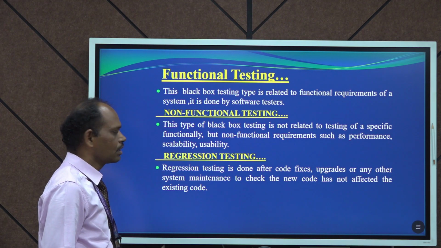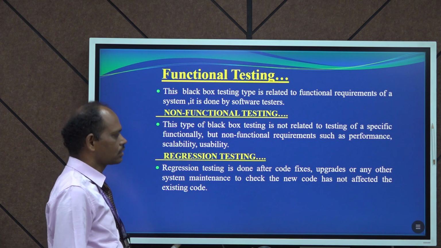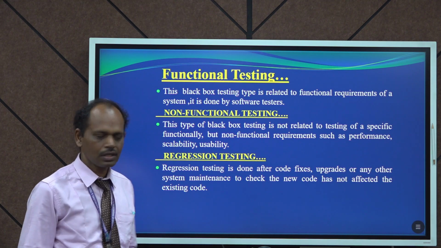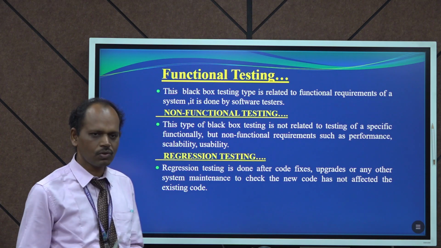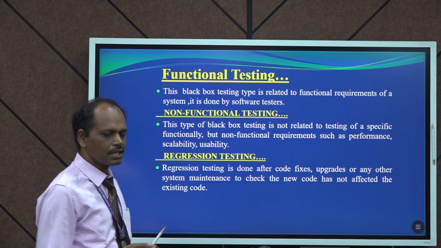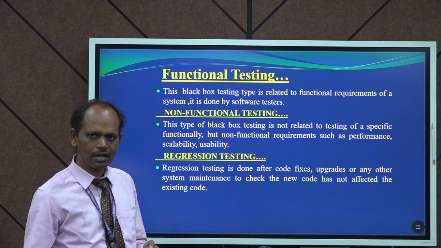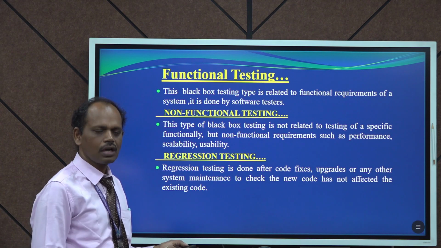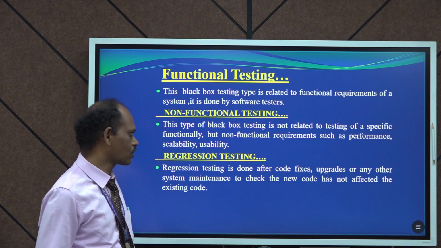Non-functional testing means it will check the performance, scalability, and usability, which are called non-functional requirements. And then regression testing. Regression testing is done after code fixes, upgrades, or any other maintenance to check that new code does not affect the already existing code. Modifying the code may affect the existing code.